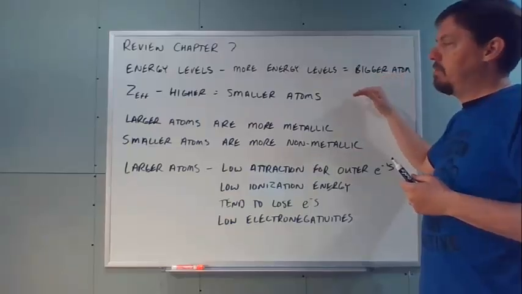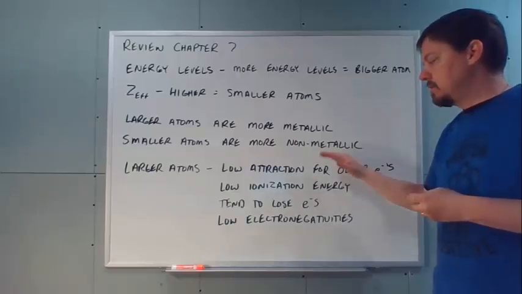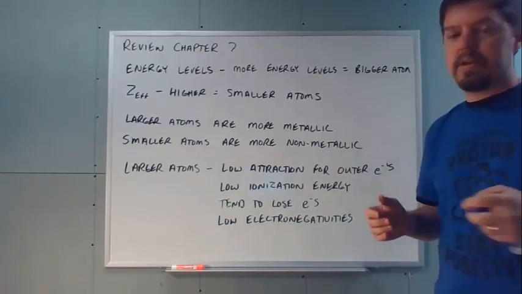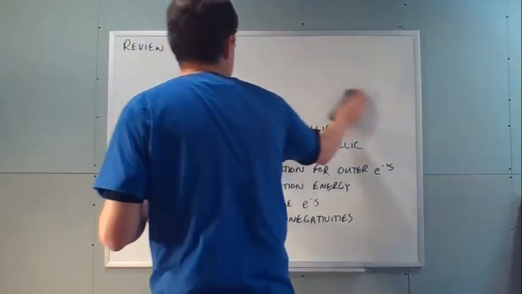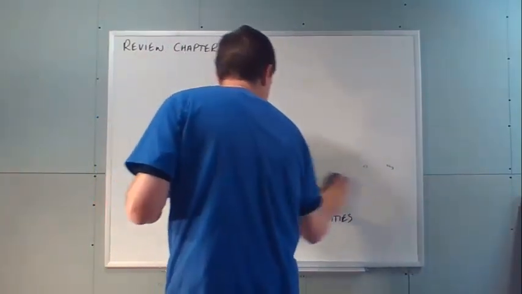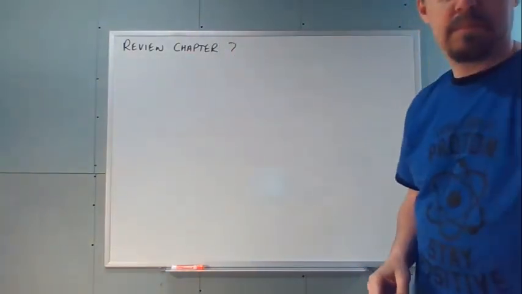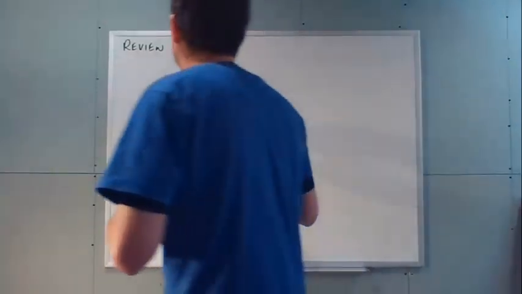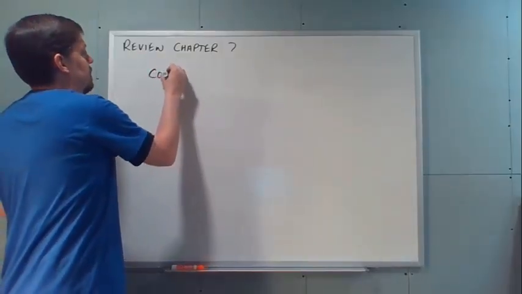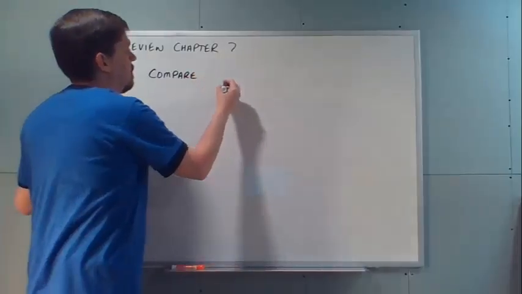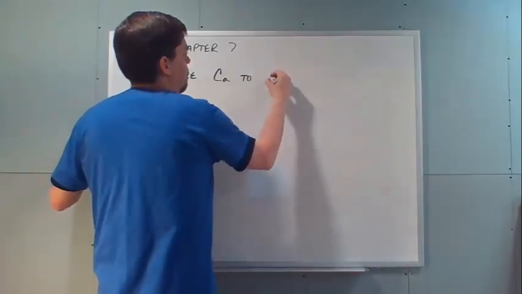So energy levels and effective nuclear charge explain whether they're metallic or non-metallic, and these are some of the properties you get out of that. So let's look at some examples. All right, simple example, let's compare calcium to barium.